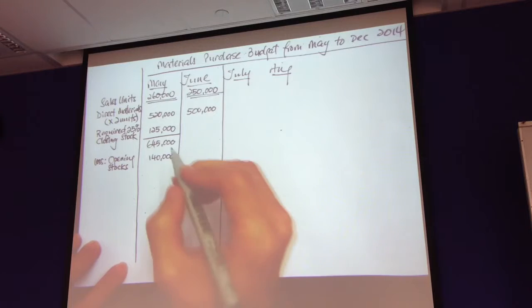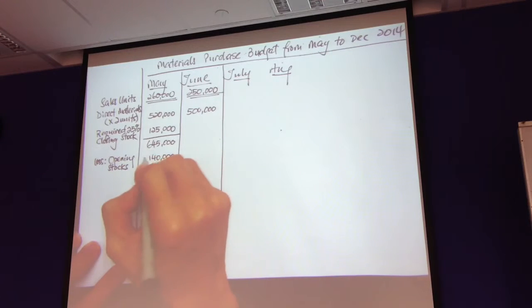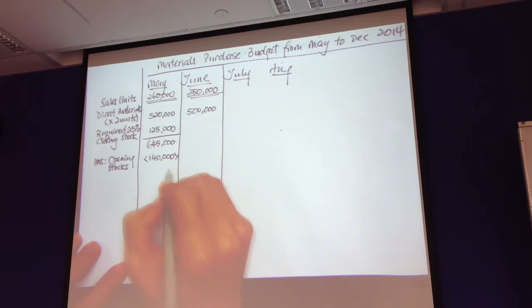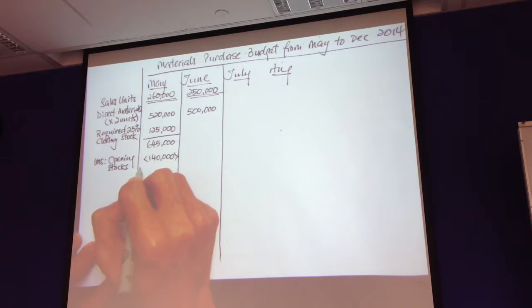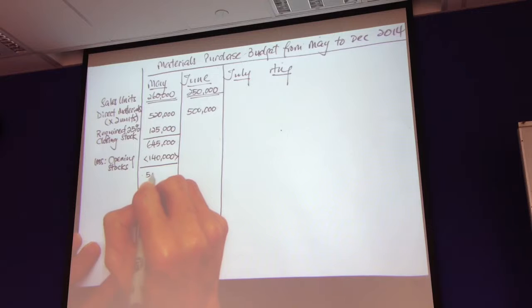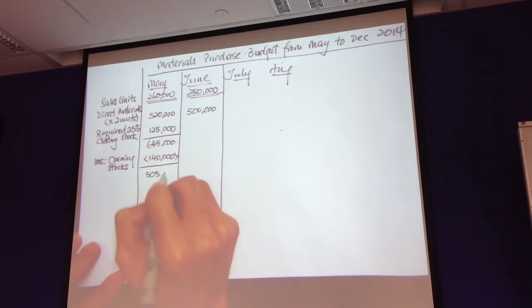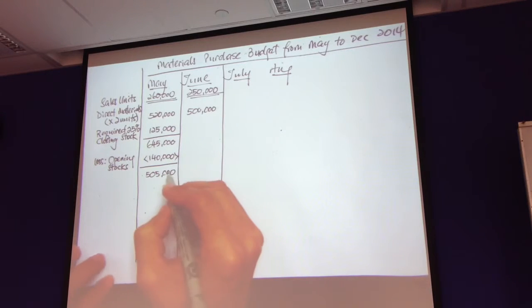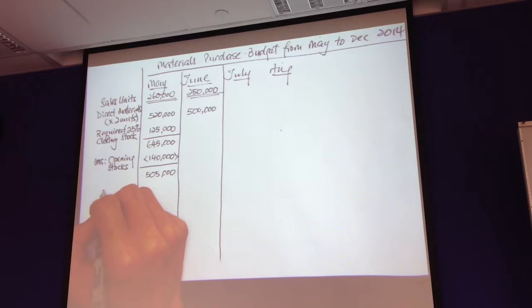So we take 645 minus away 140. So how much is the answer here? 505. Exactly. So this is the direct materials that you need to buy.